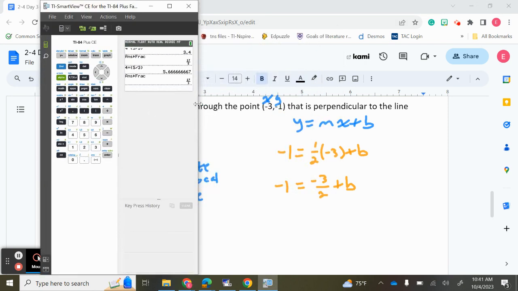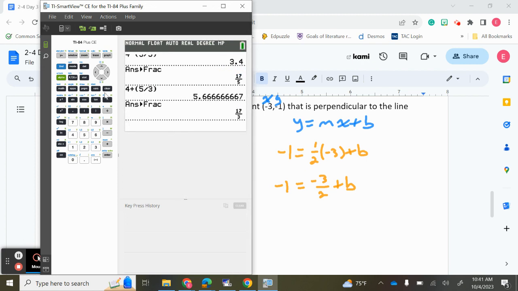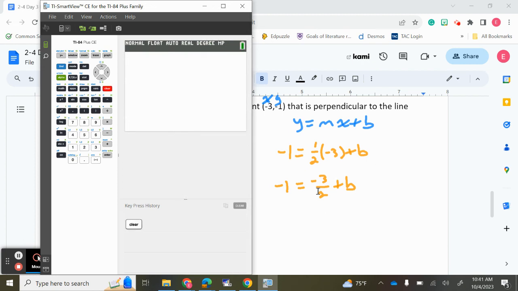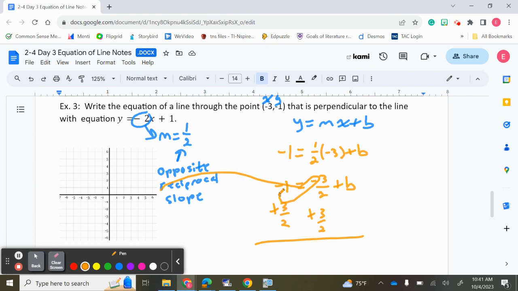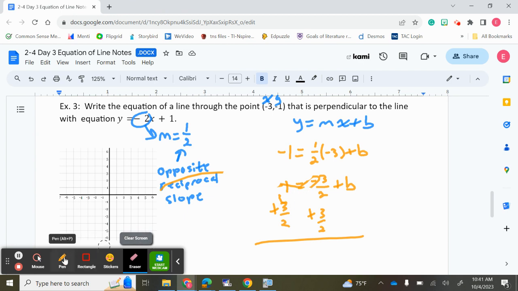Just going to make it a little bigger. All right, so what I'm going to do here is, now the goal is to add the 3/2 to each side. Like that is what we are doing. So I'm taking negative 1 and adding 3/2. Sorry guys, it dragged a little bit.